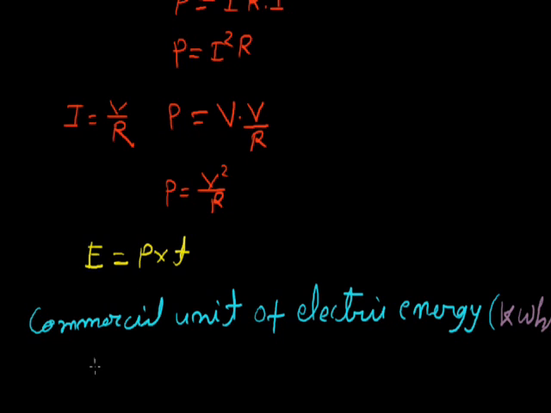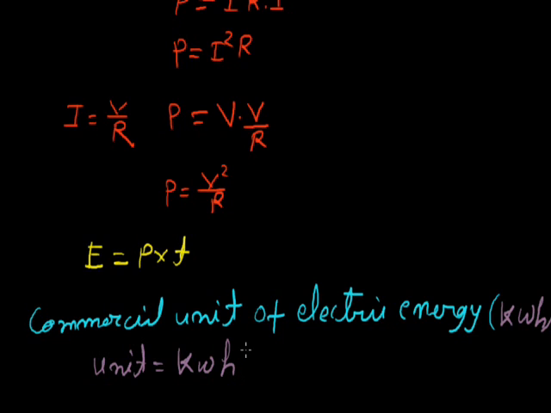If we want to calculate this unit, we can. First of all, we must know the concept: when 1 kilowatt power is consumed in 1 hour, we say the unit is 1 kilowatt hour.